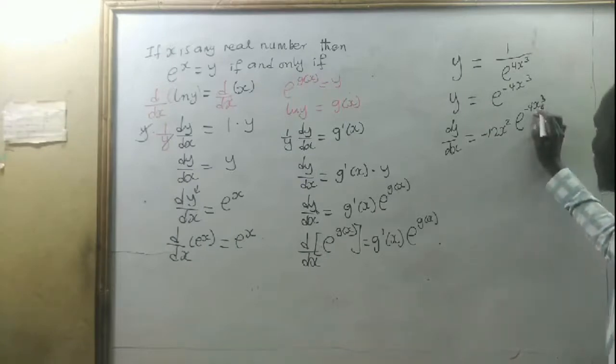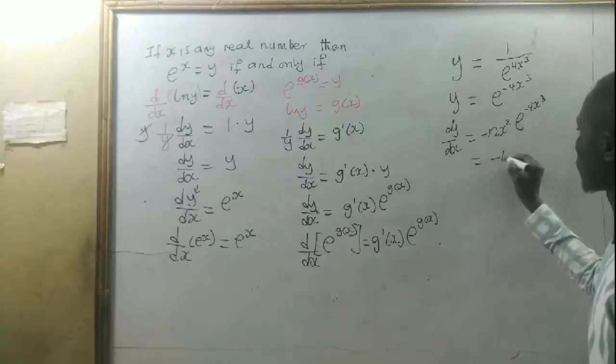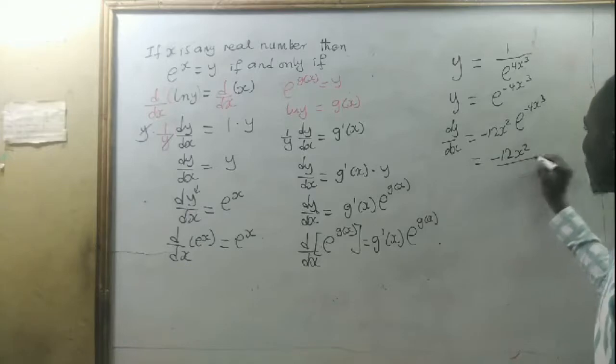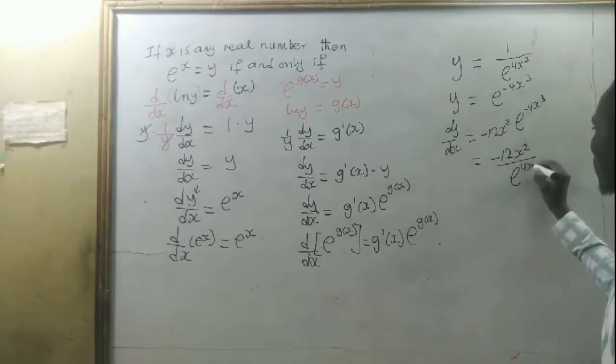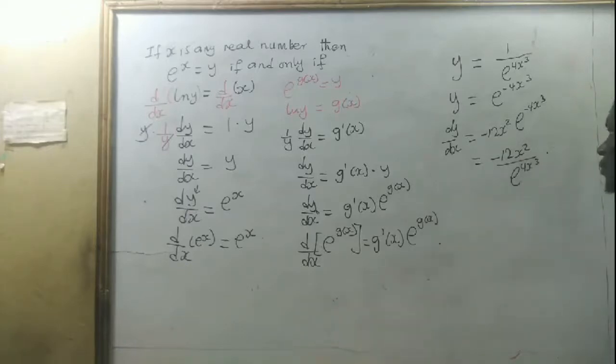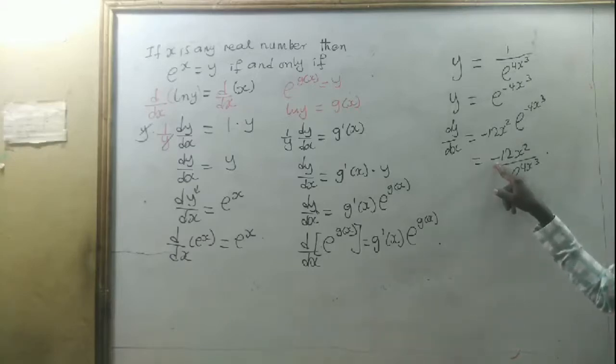And this one is the same as minus 12x squared divided by e to the power 4x cubed. Very simple as that. Now, let's continue. This is the same as taking this one, differentiating it and putting it at the top here. But if we do that, the negative sign will not come. So be careful with that.